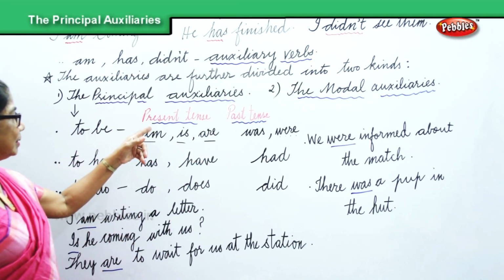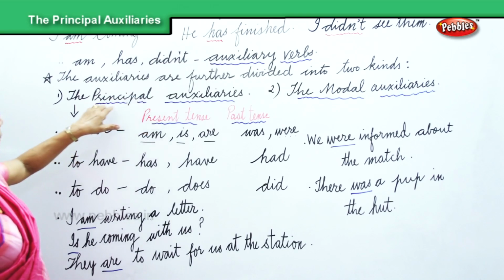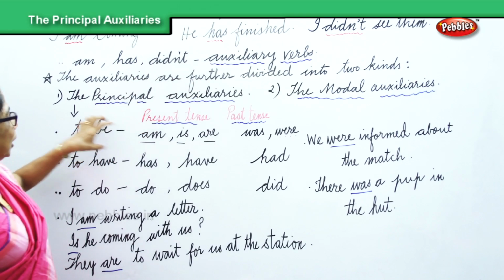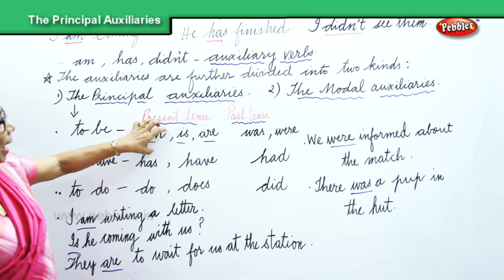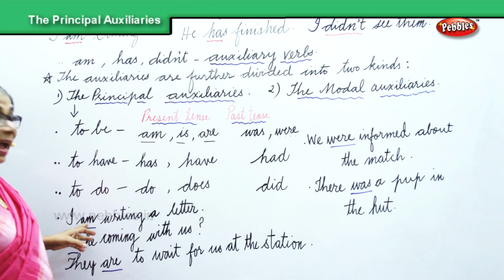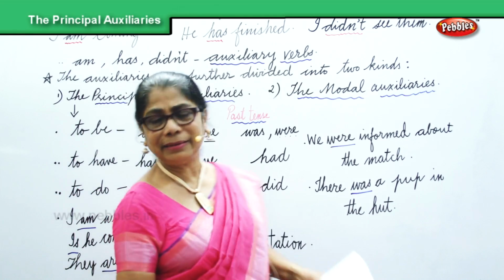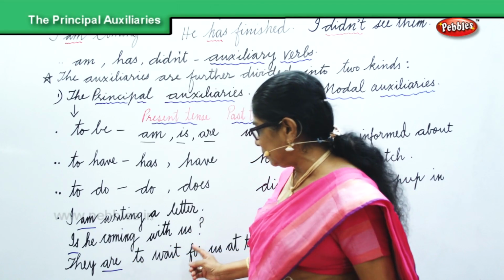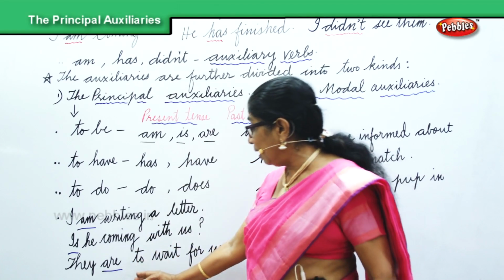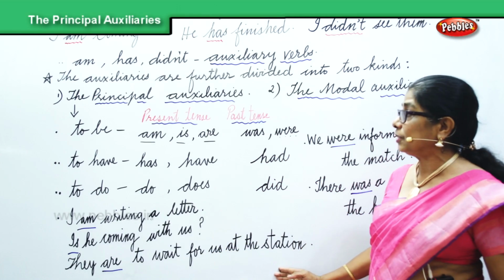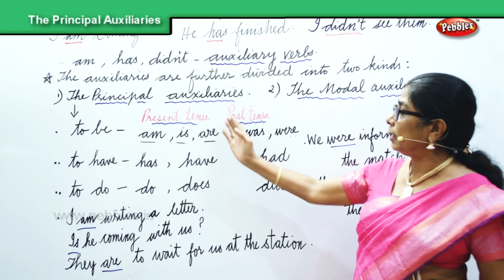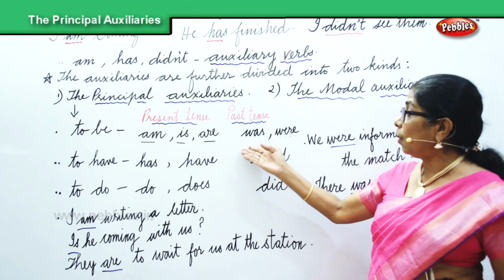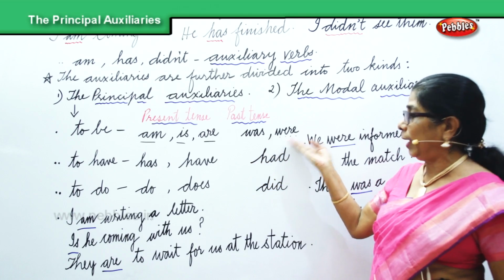We are looking at the principal auxiliaries, the verbs to be, in the present tense. How are they used? Am, is, are. I am writing a letter. Is he coming with us? They are to wait for us at the station. In the past tense, we have was and were.